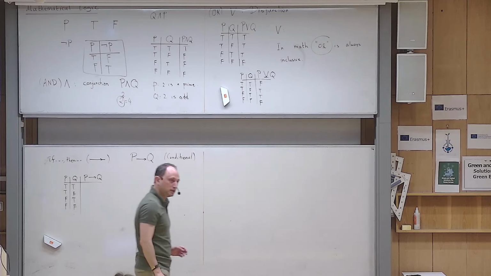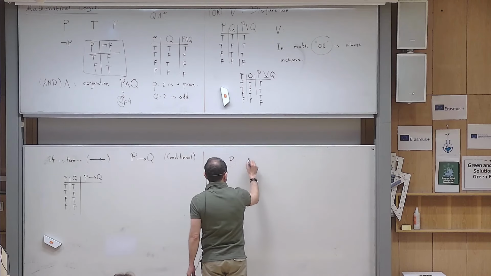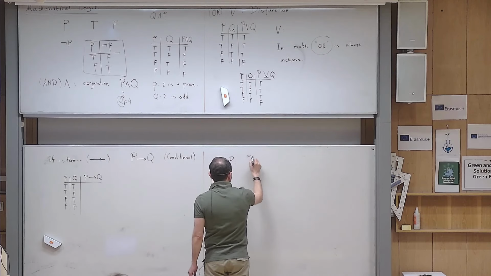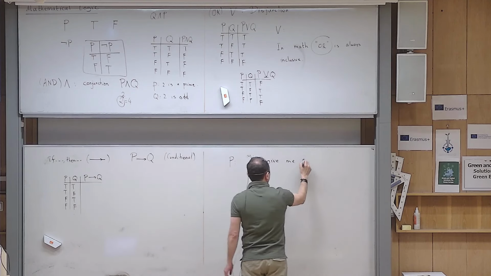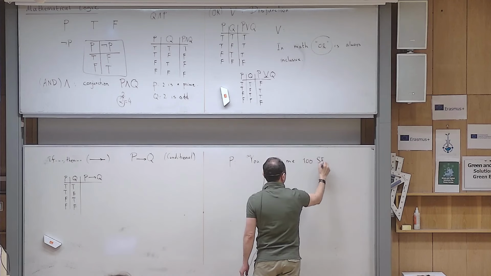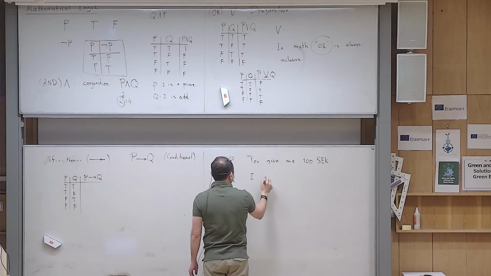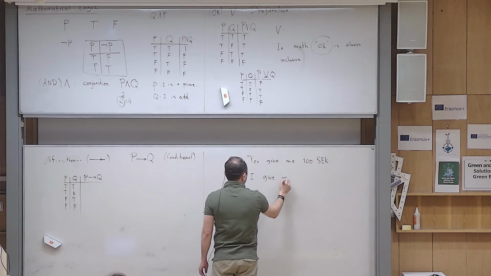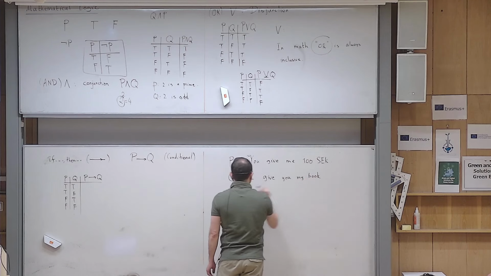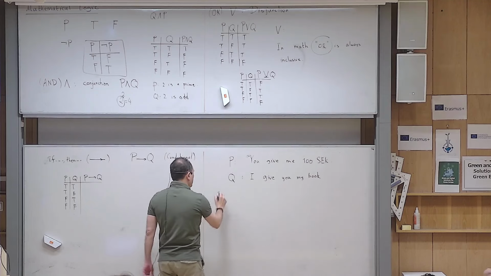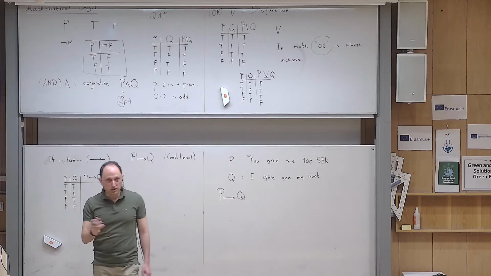If you give me 100 crowns, I give you my book. So if P then Q, this is our contract. We sign it.